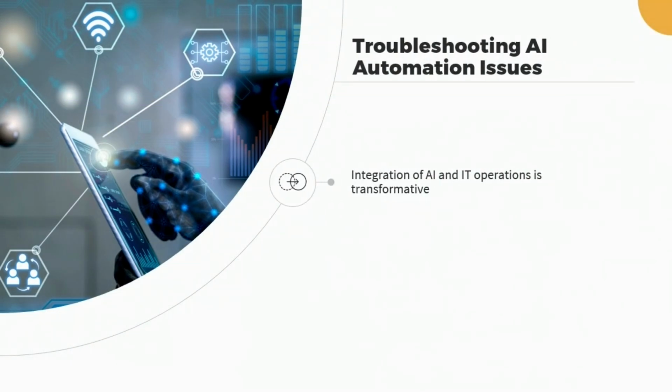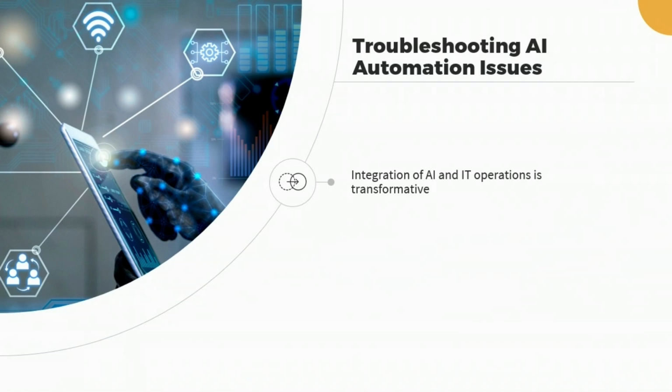The integration of AI into IT operations represents a transformative shift, but it comes with its own set of challenges that need to be addressed for seamless integration. For example, the incorporation of AI technologies into IT operations holds the potential to revolutionize processes, enhance efficiency, and drive innovation.